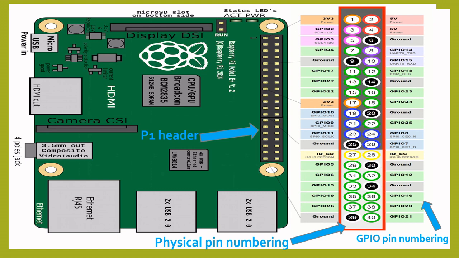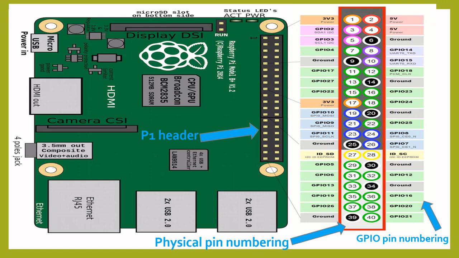So we can say that GPIO pin numbering refers to the Broadcom SoC pins, and therefore these pins are not in numerical order, but physical pin numbers refer to the P1 header of Raspberry Pi, and therefore we can observe that all physical pins are numbered in numerical order, like 1 2 3 4 5 6 7 8.